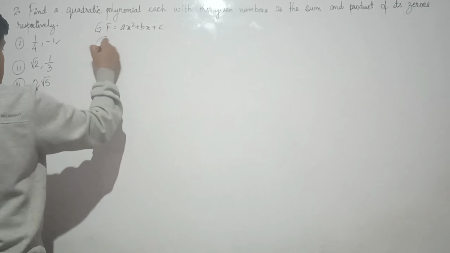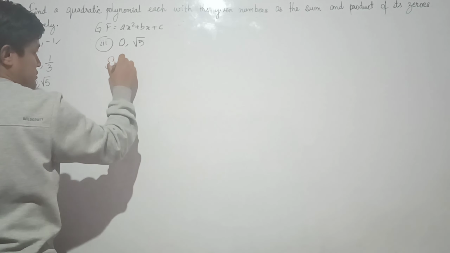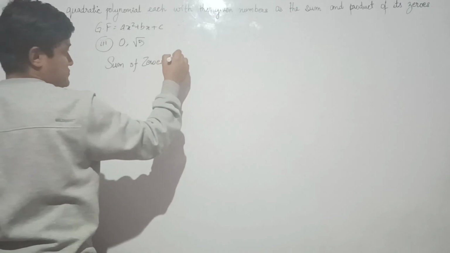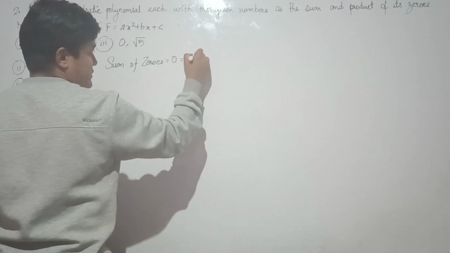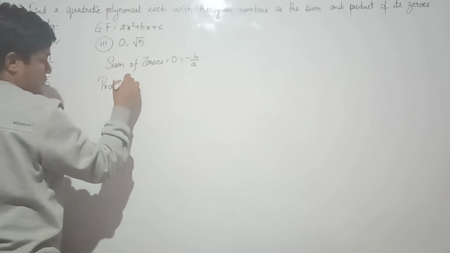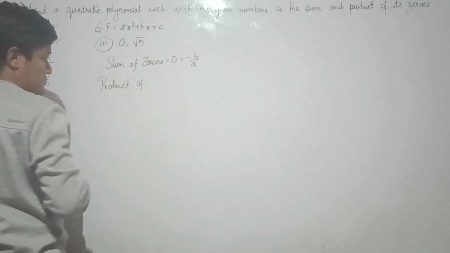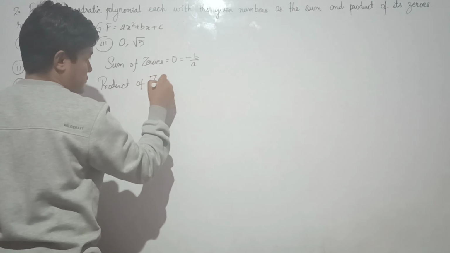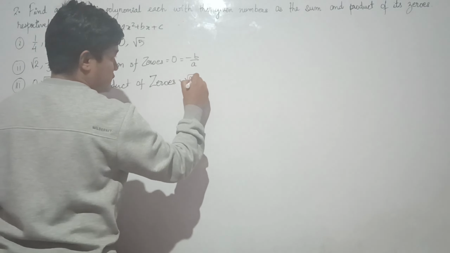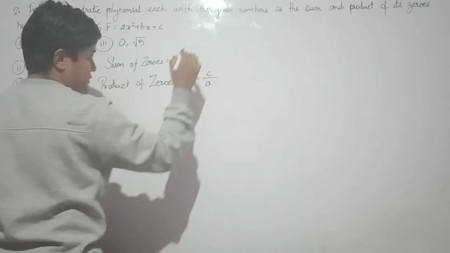Question number 3: the sum is 0 and the product is root over 5. So sum of zeros equals to 0 equals to minus b by a, and product of zeros equals to root over 5, which is the constant term by coefficient of x square, right?